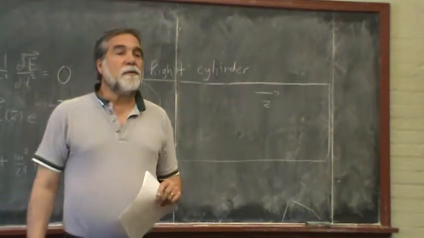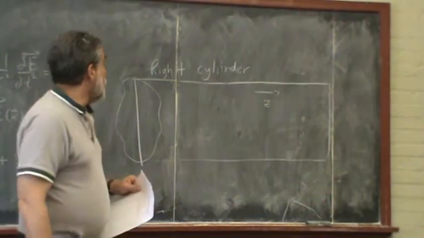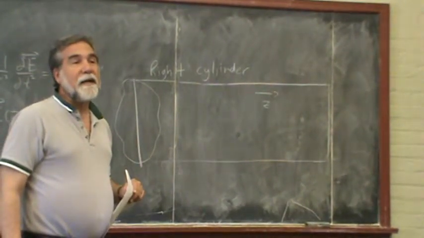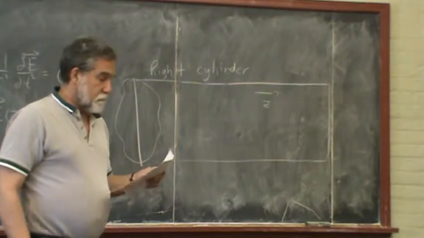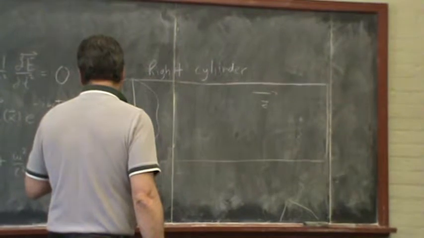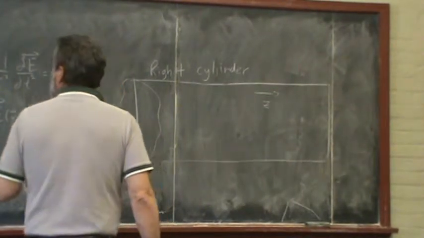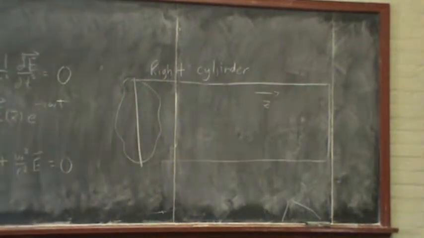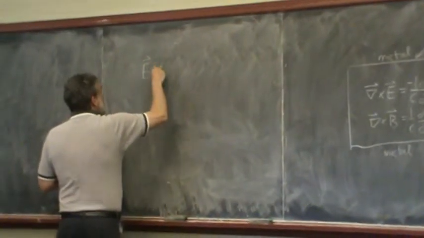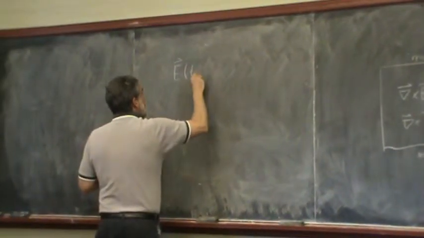And putting those two walls there enables me to assume that the z-dependence is just a Fourier series. Okay. So, the electric field then is going to look like this.